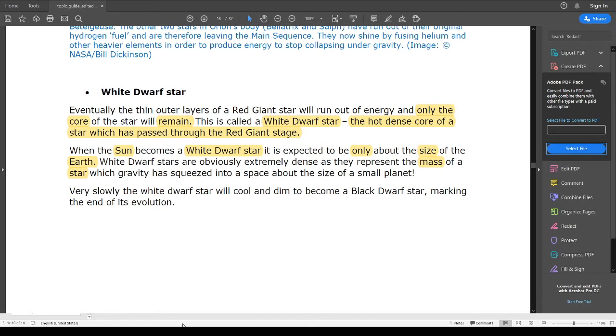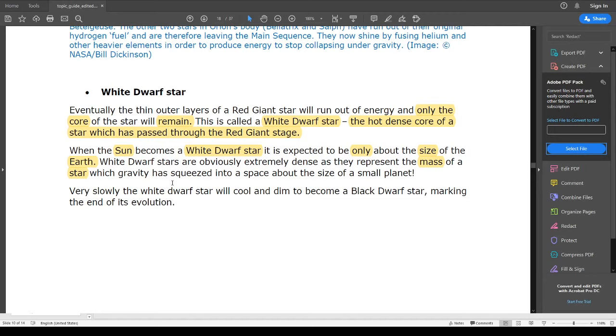So the sun is 10 to the power, what's 32 minus 24? 8. 10 to the power 8 times. 10 to the power 8 means 100 million. The sun is 100 million times more massive than the Earth. Okay, so we know the size of the Earth. Now imagine 100 million times the mass, but in the same space.